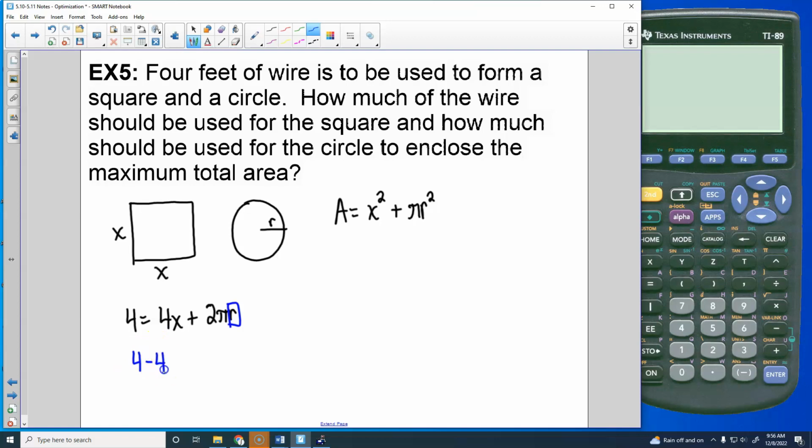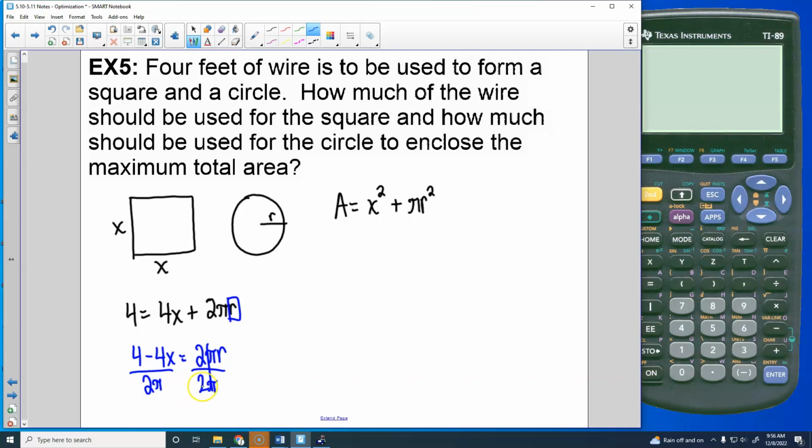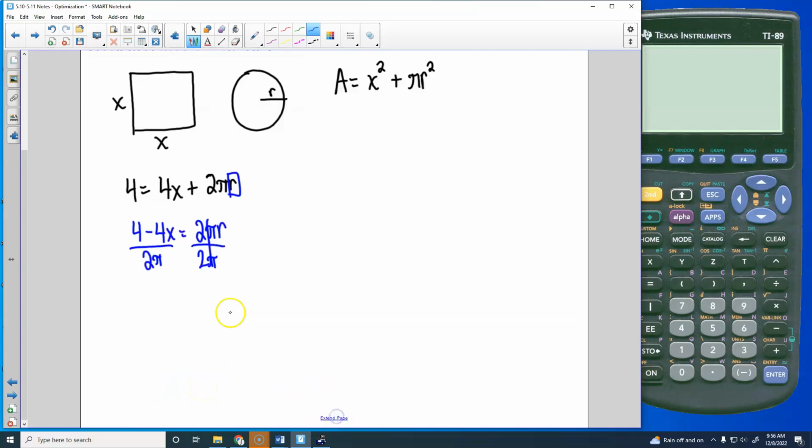So we got 4 minus 4x equals 2 pi r. And then we divide by 2 pi on both sides. So R, yeah, let's factor out a 2 out of that top. So we got 2 minus 2x and the 2 pi. And those 2's will cancel. So we got 2 minus 2x.